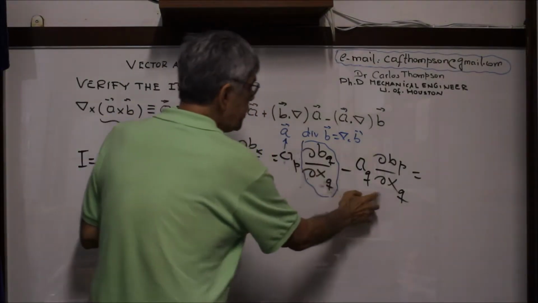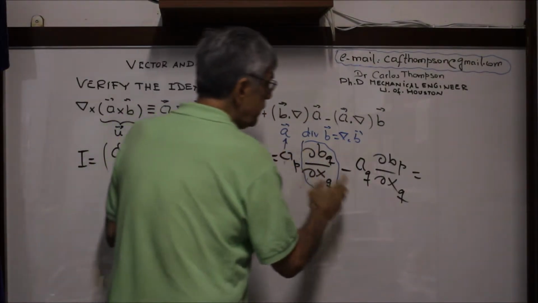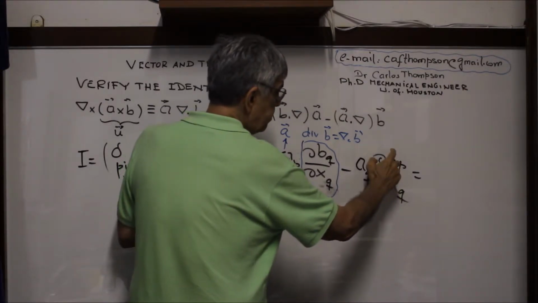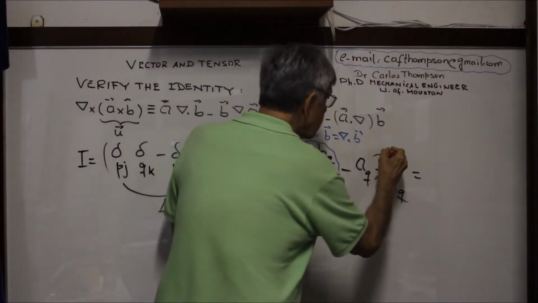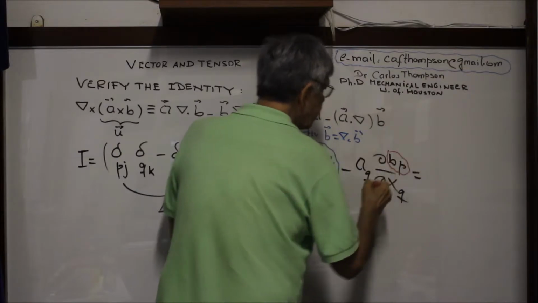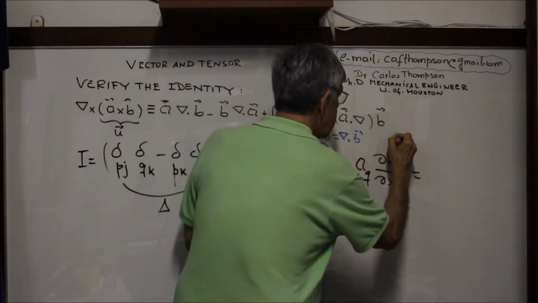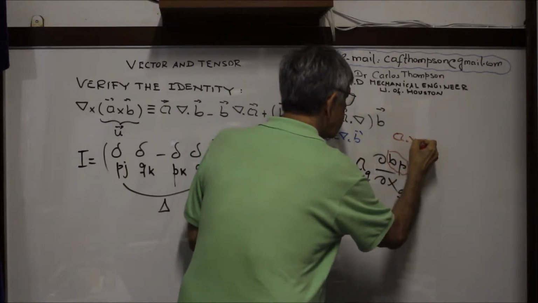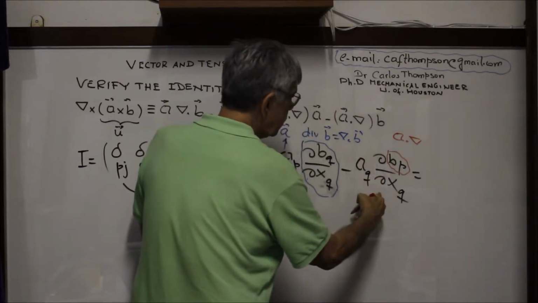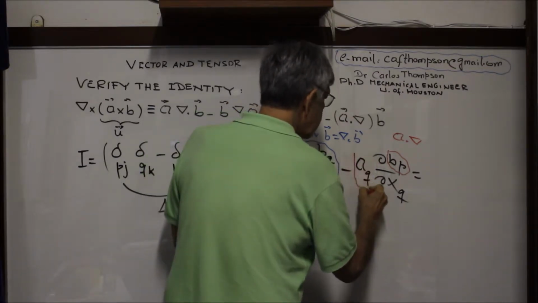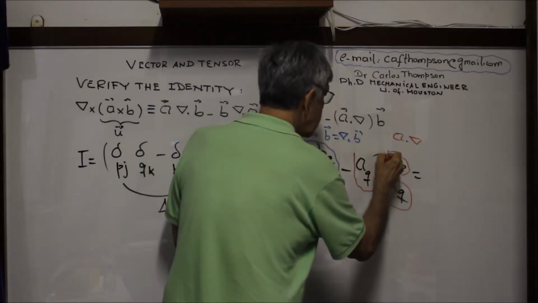Now here you see clearly that k is a dummy index and b p is a vector. This here is a vector. So this is a dot nabla. You see, a dot nabla. I'll show nabla here. Nabla is this term over here. See, look.